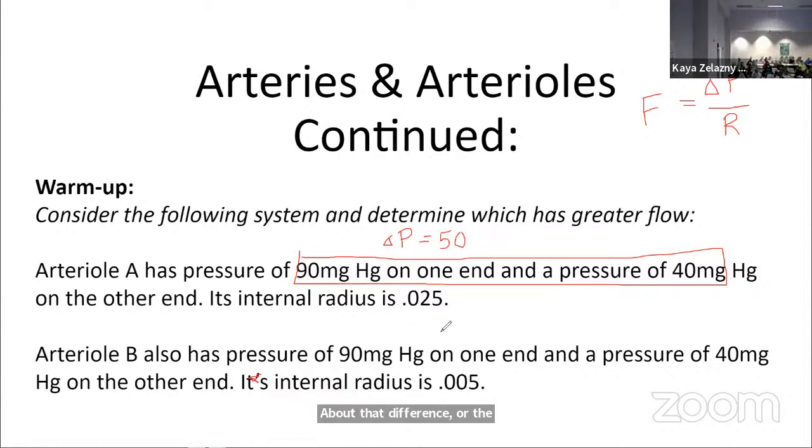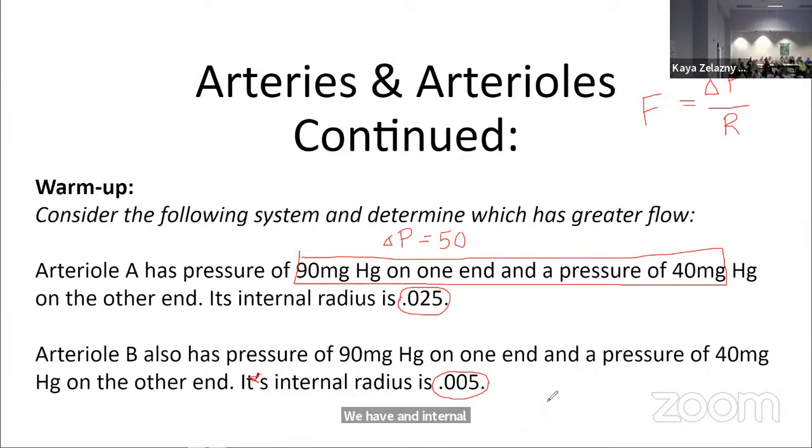What we do see as being different between our two arterioles is that internal radius. So here we have an internal radius of 0.025. And here in arteriole B, we have an internal radius of 0.005.